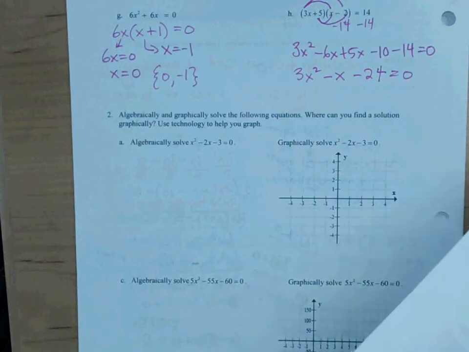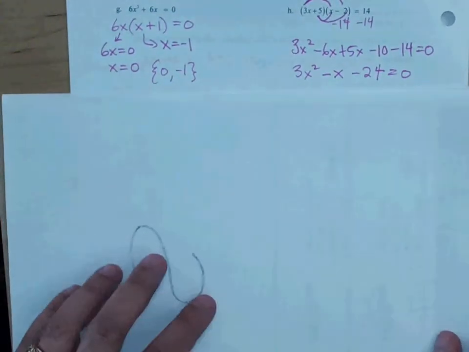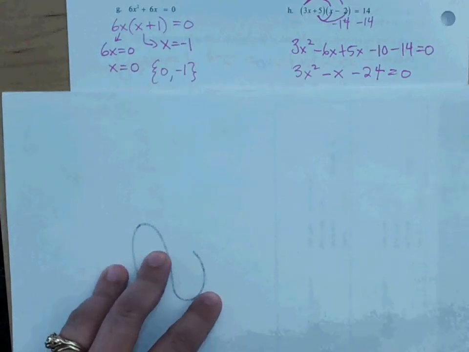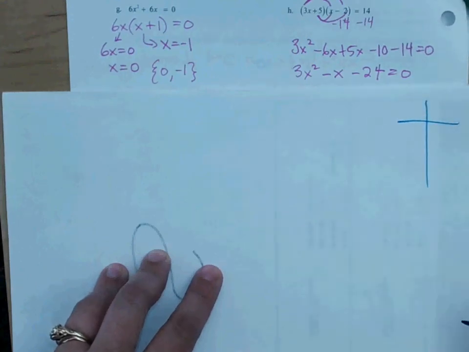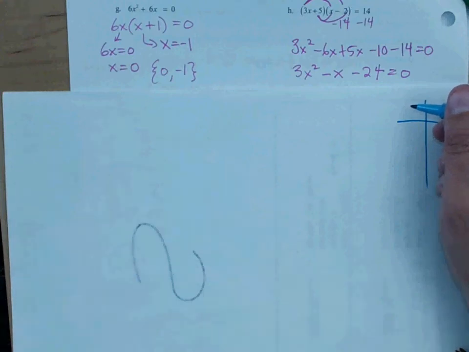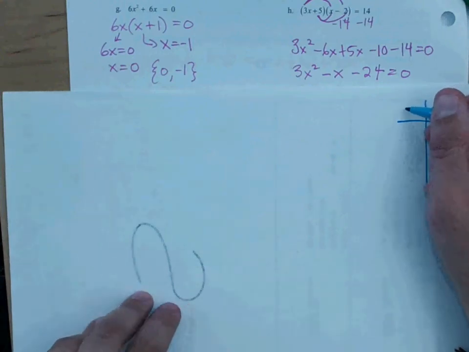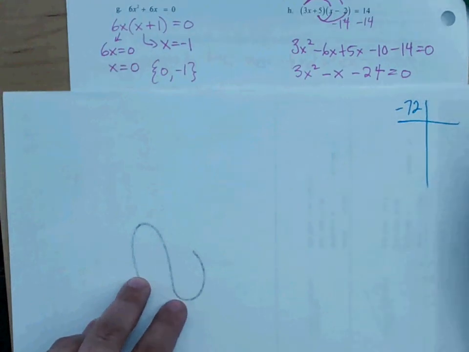Okay, so now, of course, I'm running out of room. There's a lot going on in this problem, so let's get some extra paper out. We need to factor this, you guys. So, oh no, we got to do what method? AC method, -72, is that right? -72 that has a sum of -1.